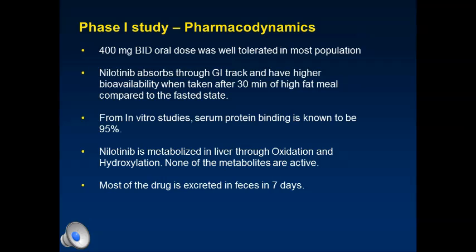From in vitro study, serum protein binding is known to be 95%, and nilotinib is metabolized in the liver through oxidation and hydroxylation. None of the metabolites were considered active. Most of the drug is excreted in feces within 7 days of dose administration.